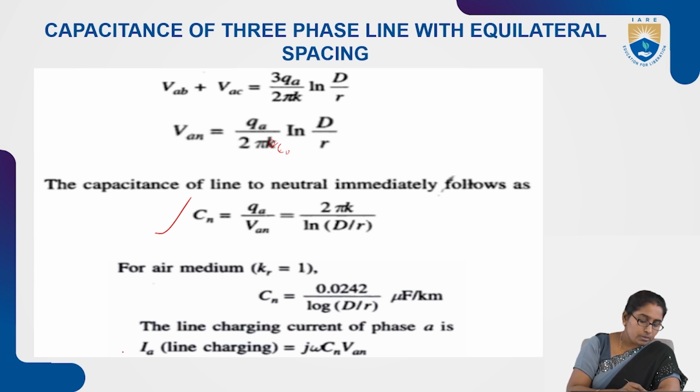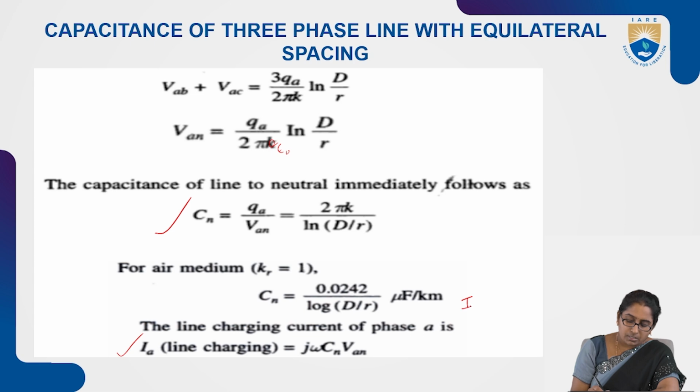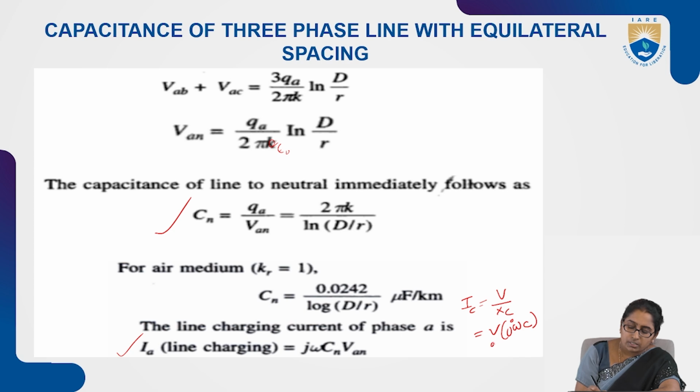Now, if we want to write the charge current, what we will write, because in case of a capacitor the charge current is given by V by XC. So V is what? J 1 by J omega C. So here J omega C. So what is voltage? Neutral voltage, phase to neutral.